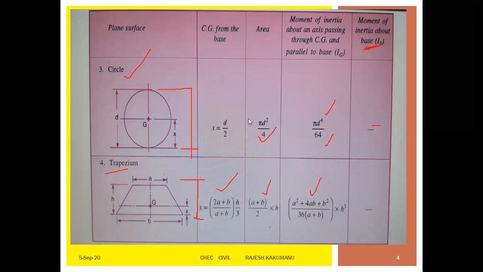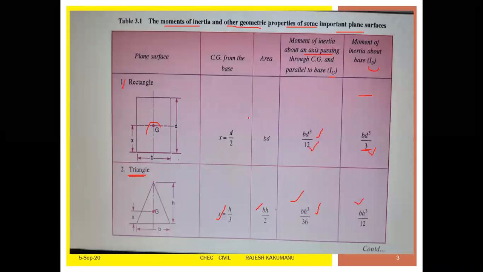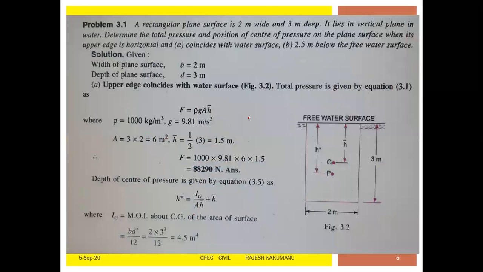Now with these objects we will start the problems. We are entering the first problem of vertical objects submerged in water. In every question of this type of problem, you will get a figure. If you see the top surface of the water, in it a rectangular object is submerged.